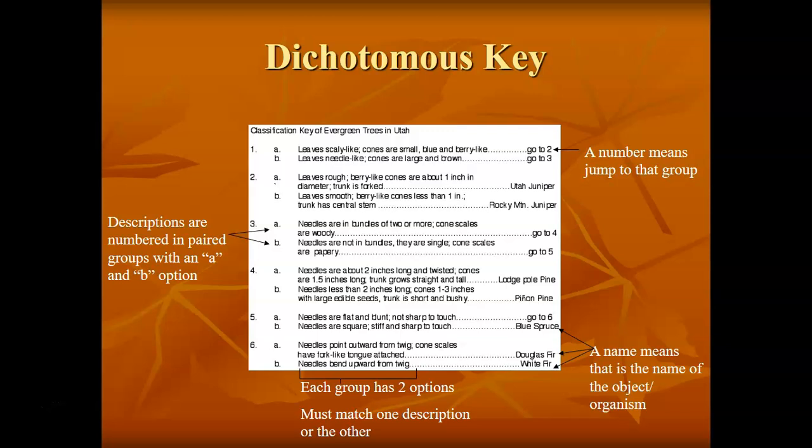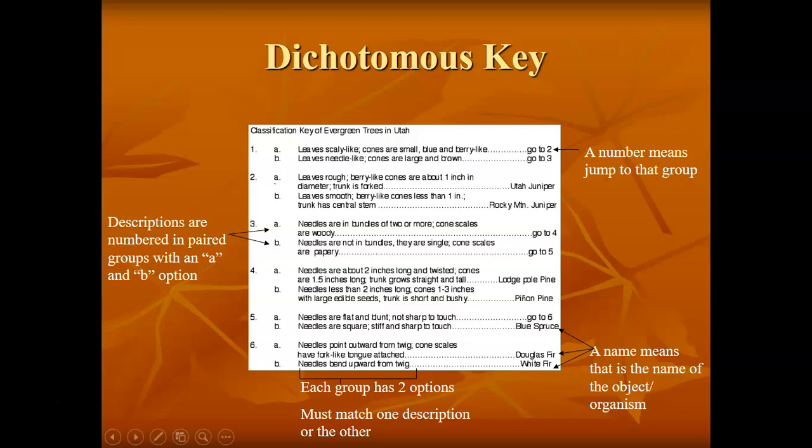A dichotomous key is one way in which to do that. And these dichotomous keys, di meaning two, is that we look at, alright, I know I'm in a particular place. In this case, we're in Utah. I know I'm looking at evergreen trees, but I want to know specifically the tree that's in front of me. What kind of evergreen am I dealing with?